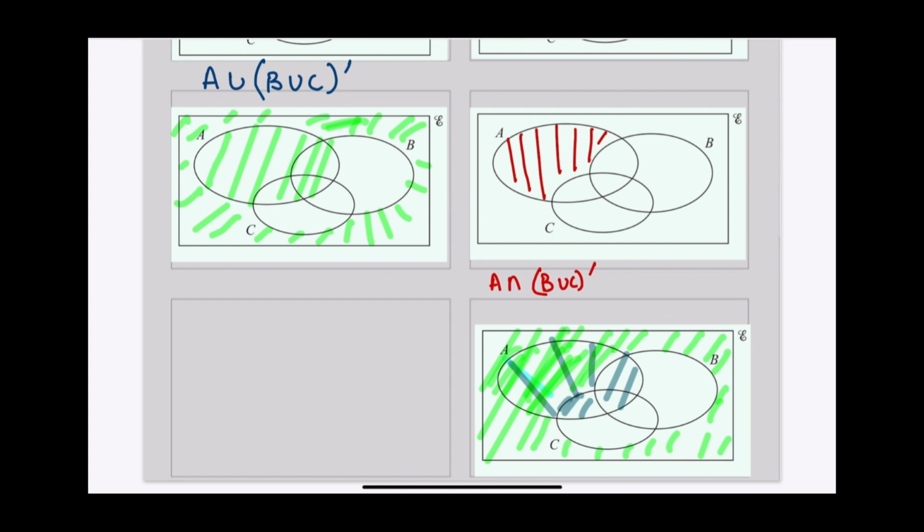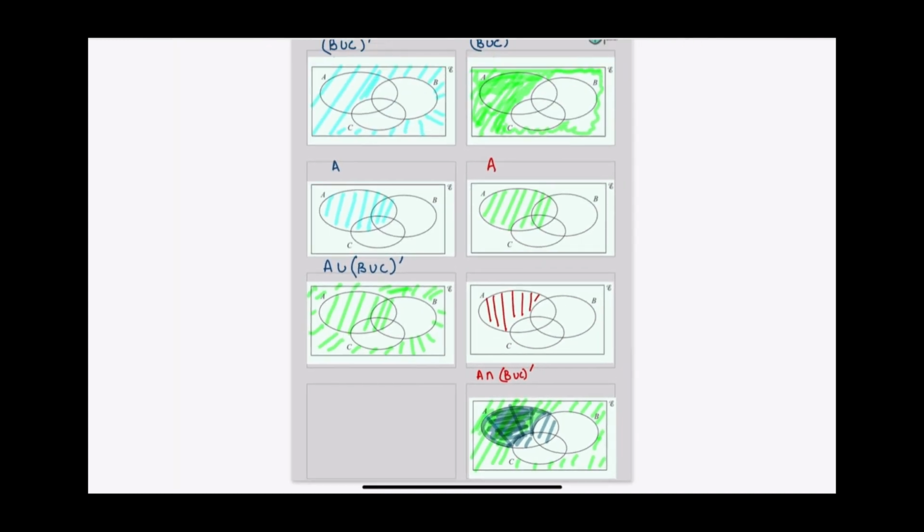Now, intersection means overlapping. Can you see that this is the region that is being overlapped? This much only. So hence, you can do that in one page as well.